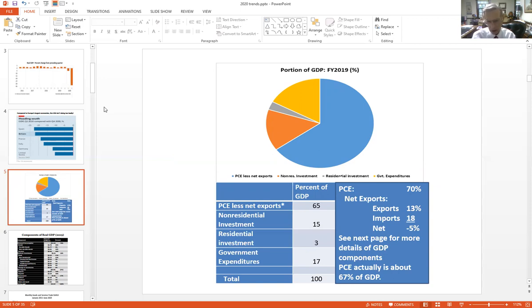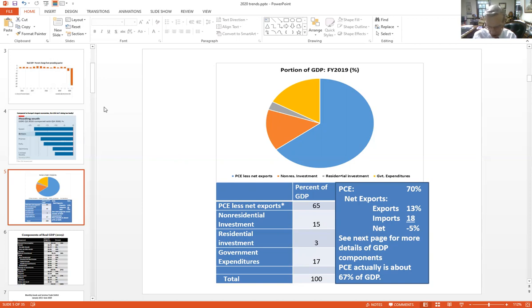But the big chunk, of course, is the blue wedge, and it represents consumer expenditures, personal consumption expenditures, PCE, and its actual number is about 67%.